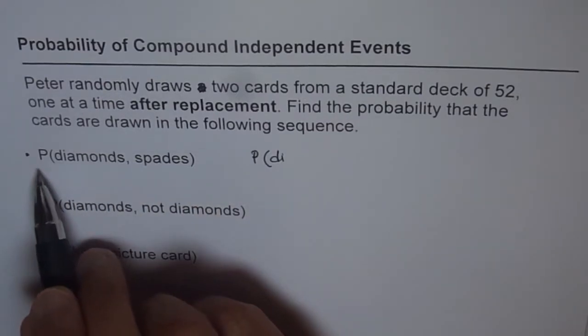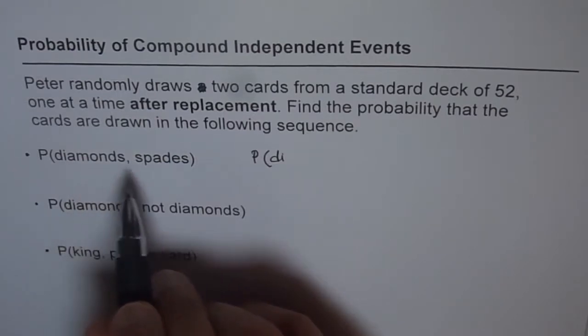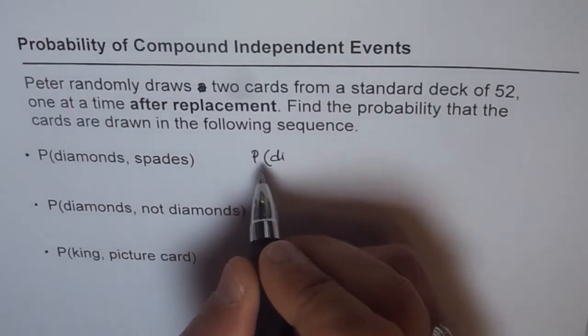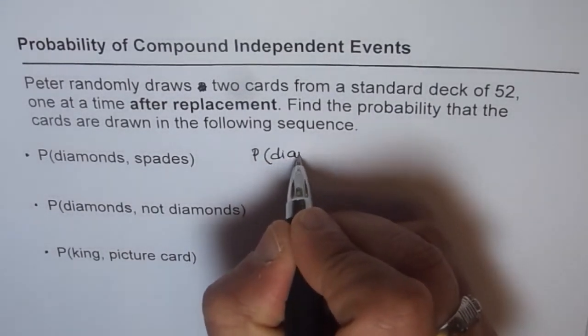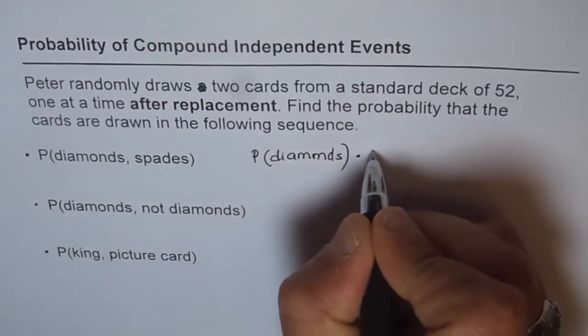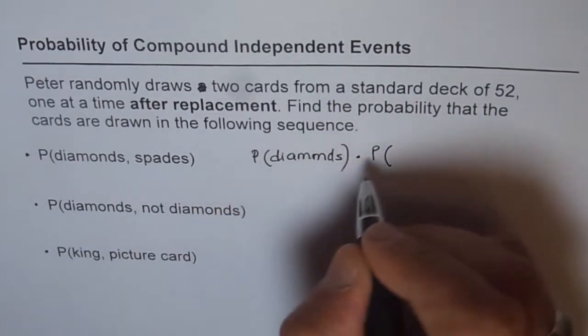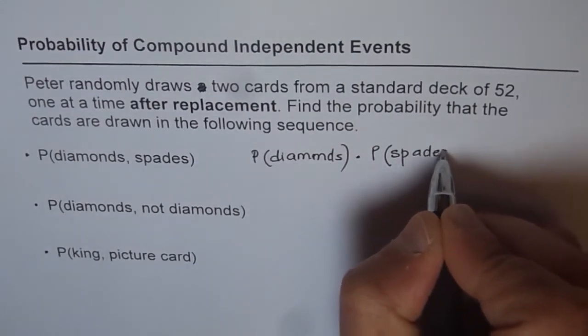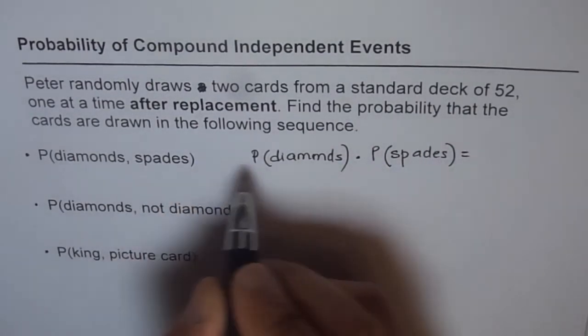So the probability of drawing diamonds and then spades will be the product of these two. So the product of the probability of drawing a diamond and then replacing this card and then drawing spades. So what is the probability of drawing diamonds?